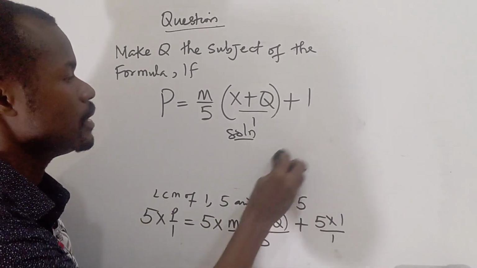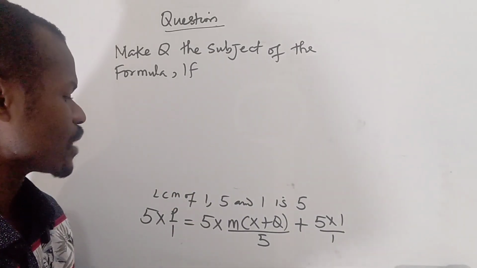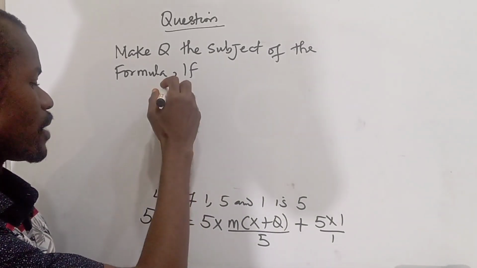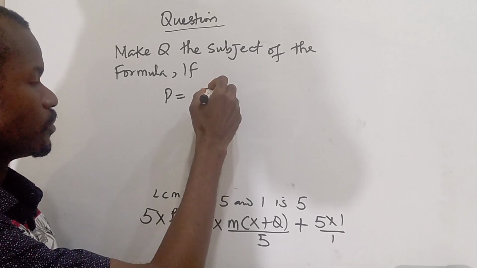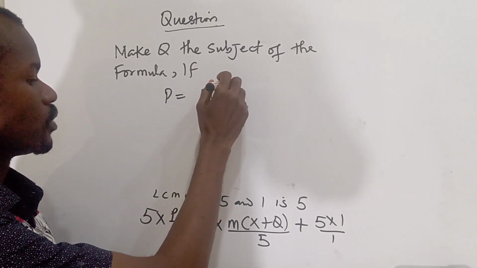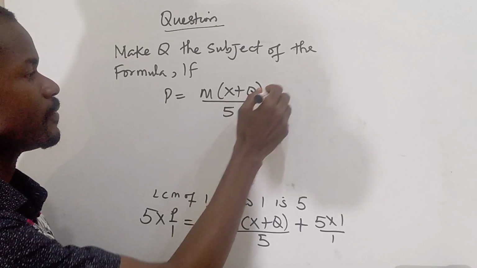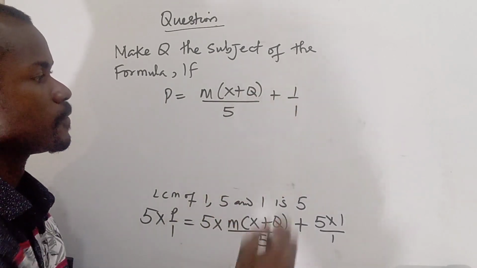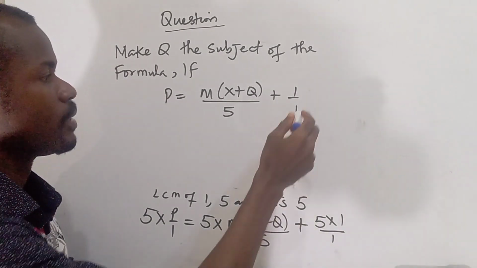Now, some other way is we can as well, remember, we have that P is equal to M into X plus Q divided by 5 plus 1 over 1. Now, the second way we can do this is we cross multiply.